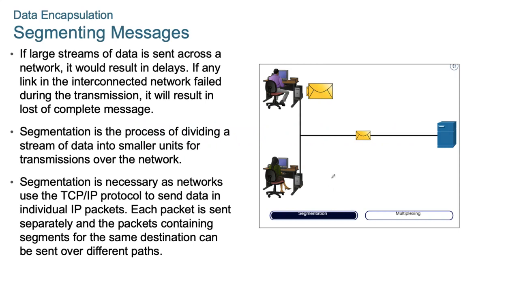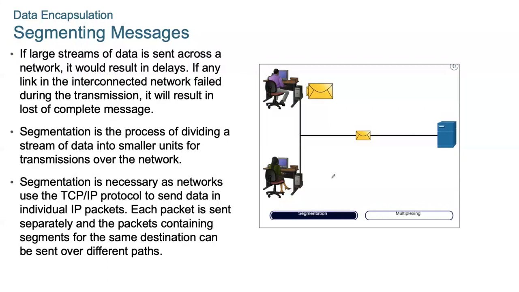It will first check the large stream of data which is sent across your network. It would result in delays. So instead of that, it processes that data into small pieces, and those pieces we call segments.